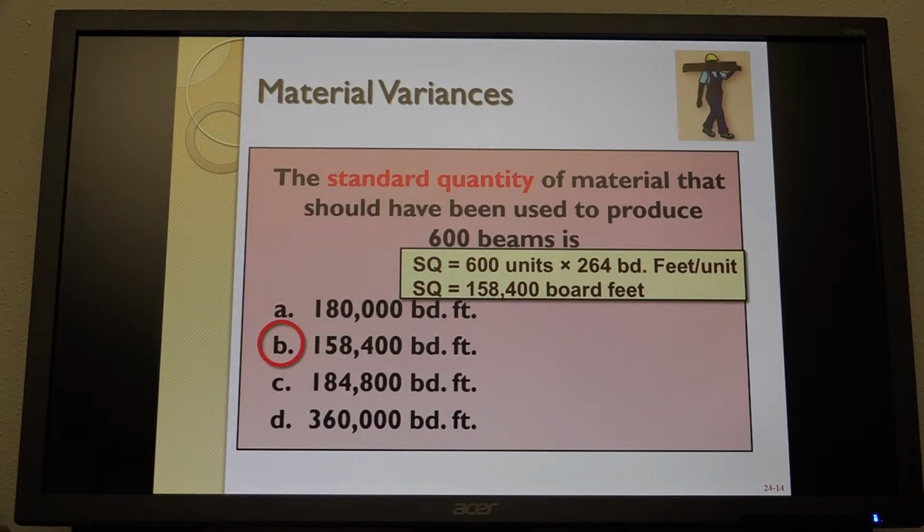Now, as far as the quantity variance, the standard quantity of material that should have been used to produce 600 beams is 600 units times the 264 board feet per unit. So that equals 158,400.